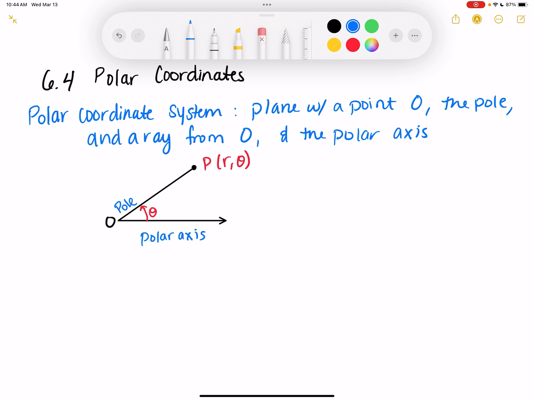Each point P, or I guess I should say in the plane, is a polar coordinate.